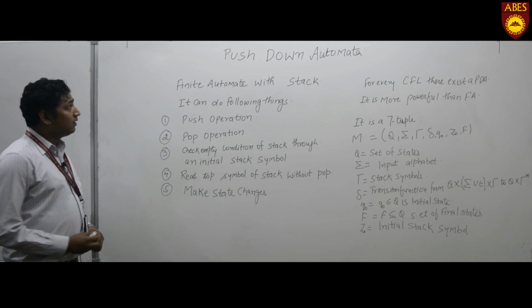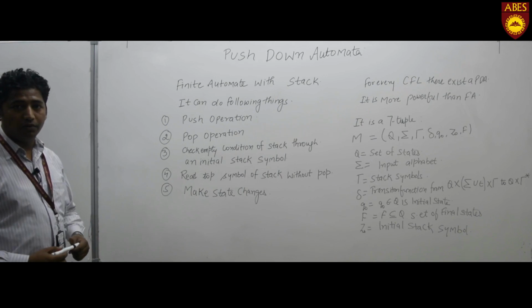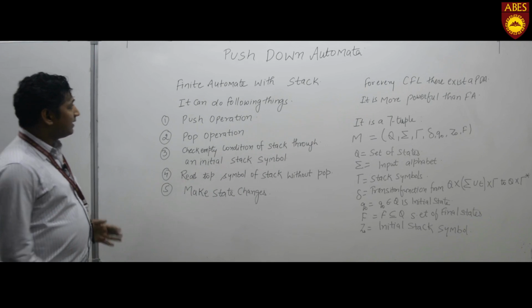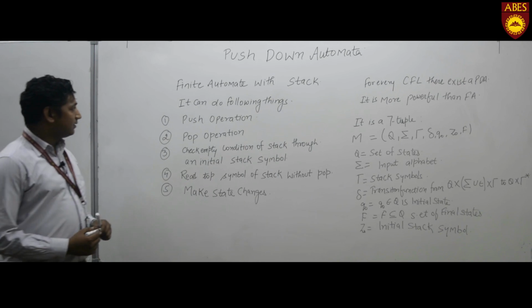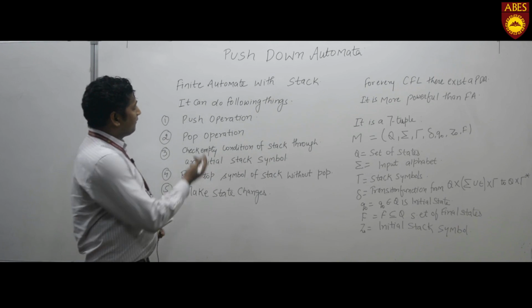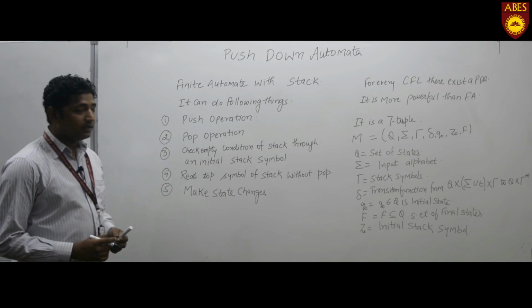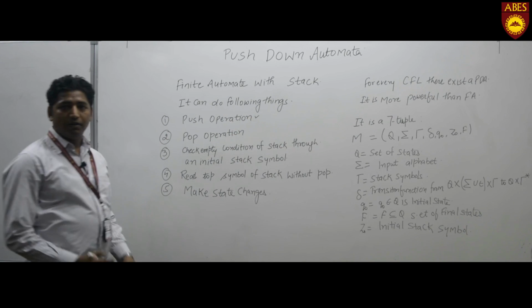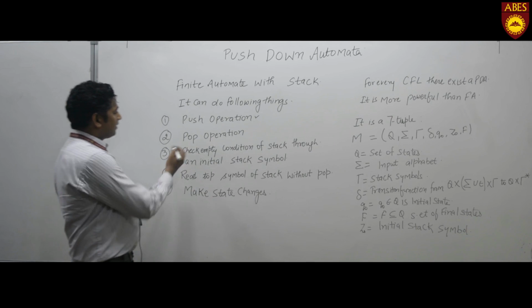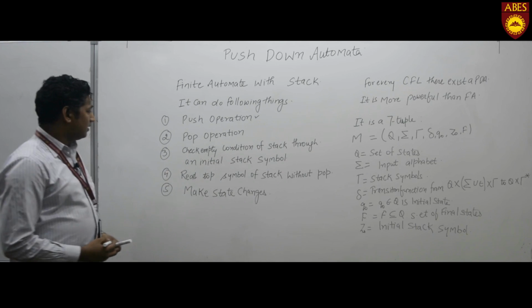Hello friends, today we will discuss pushdown automata. We can understand a pushdown automaton as a finite automaton with a stack. So a PDA can do the following things. First, we can perform a push operation, and another operation is the pop operation.